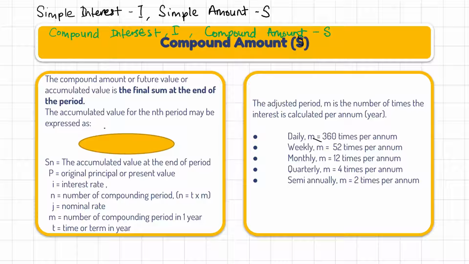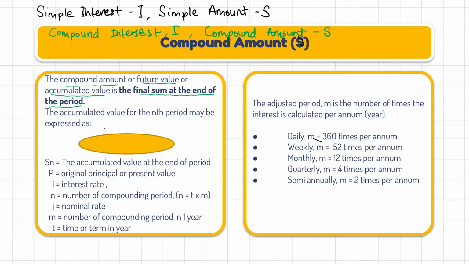Now, let's look at the definition of the compound amount. The compound amount or future value, also known as the accumulated value, is the final sum at the end of the period.